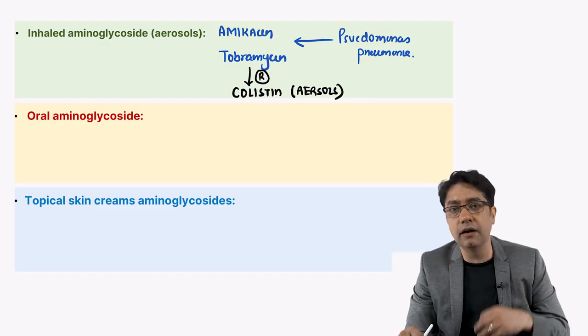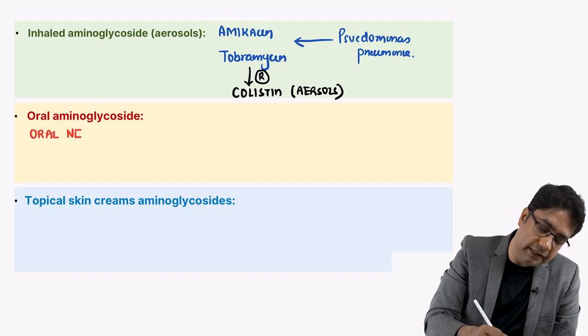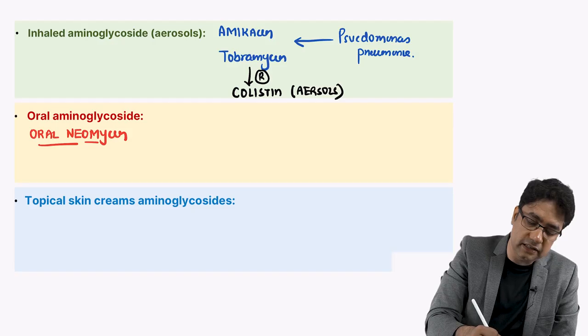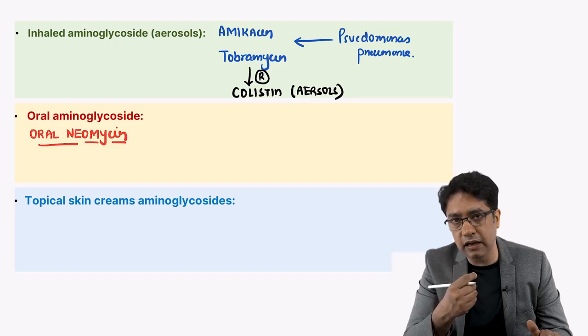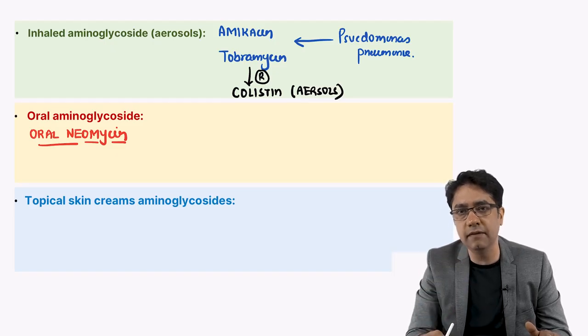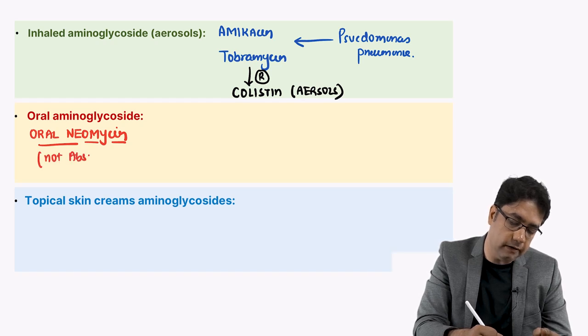Then we have oral aminoglycoside. In oral, we will write a very important drug, oral neomycin. Before writing the use of oral neomycin, just recall, when given orally, will neomycin get absorbed from the GIT? Remember, it is not absorbed from the GIT.